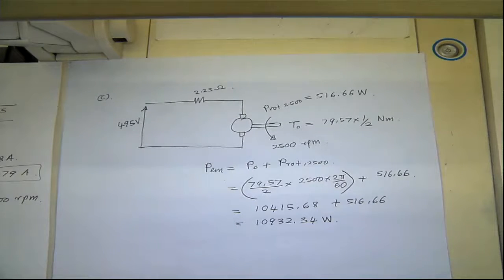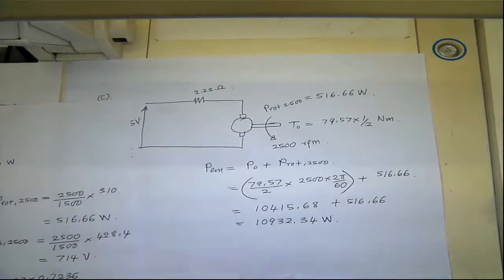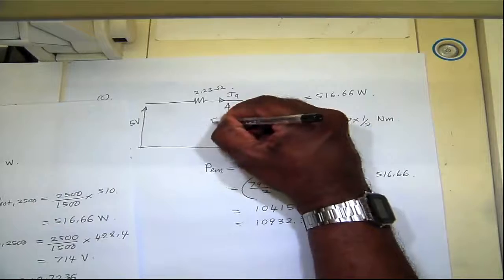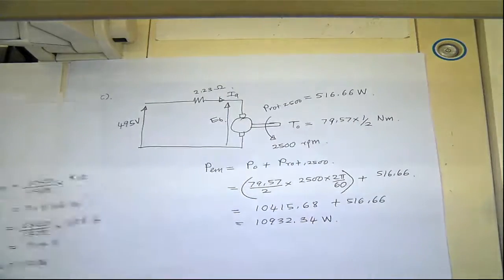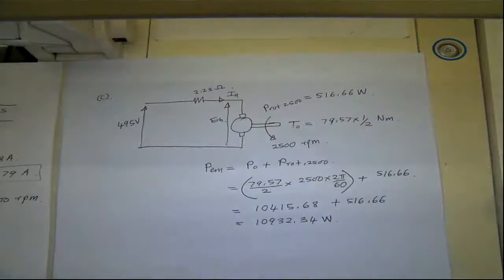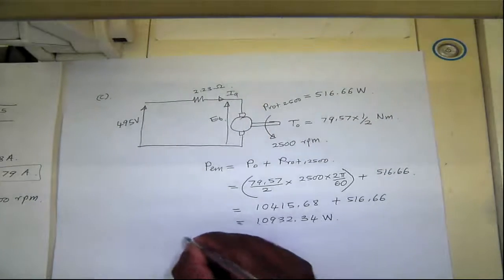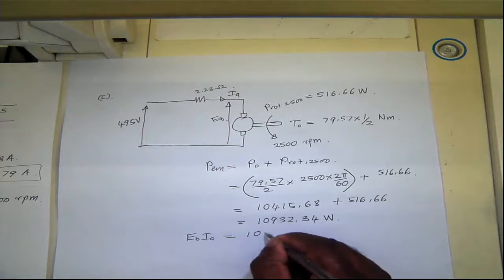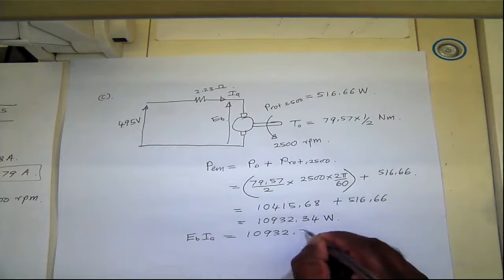So the process is fairly the same as before. Here we need to figure out IA and EB. If we compare it with the previous calculation, we can write EB times IA is equal to 10,932.34.